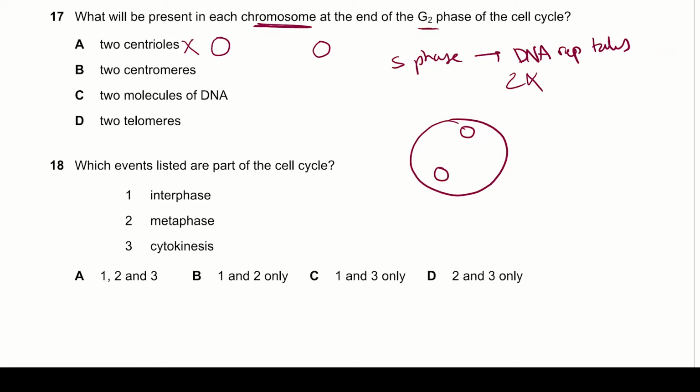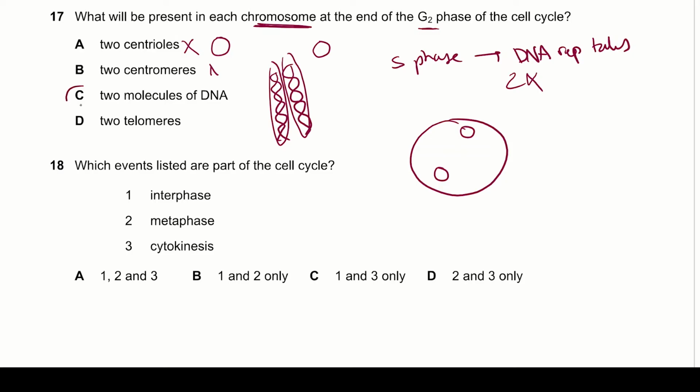B. 2 centromeres. This is incorrect. C. 2 molecules of DNA. As we all know, in each chromosome, each chromatid has 1 molecule of DNA, or 2 polynucleotide strands in each chromatid.